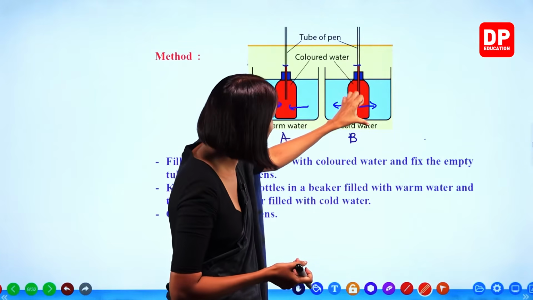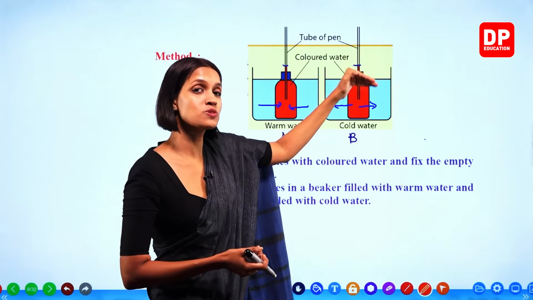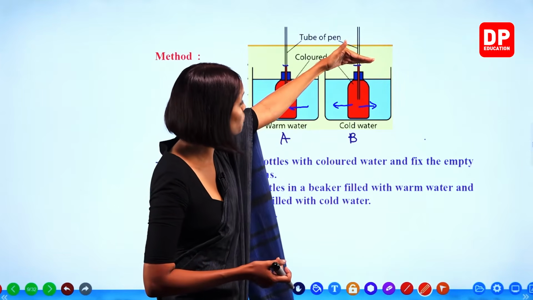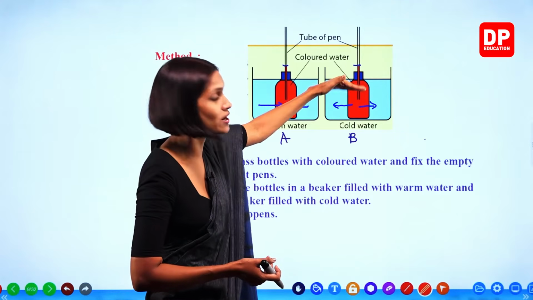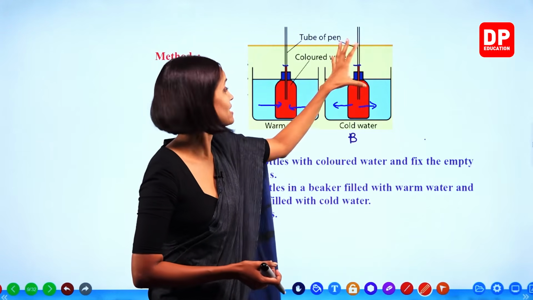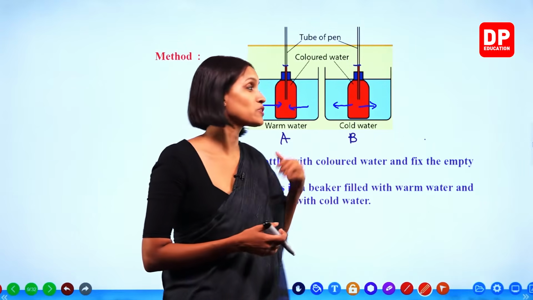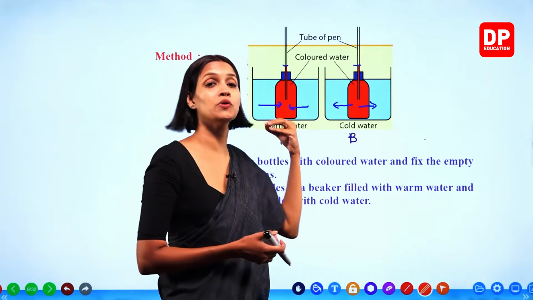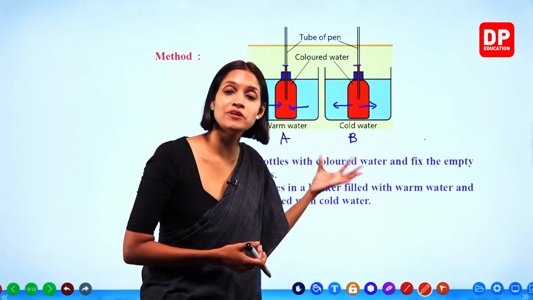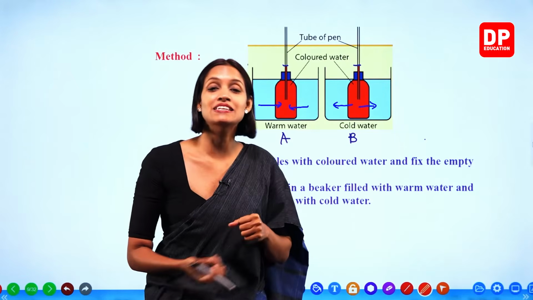When the volume decreases, inside the bottle it will get a little more space for more water, so the water already present inside this pen tube will go down, right? Because of reduction of volume. Right, children? So after doing this activity, it's very clear how heat travels, and what happens to liquids when we provide heat and when heat is released.